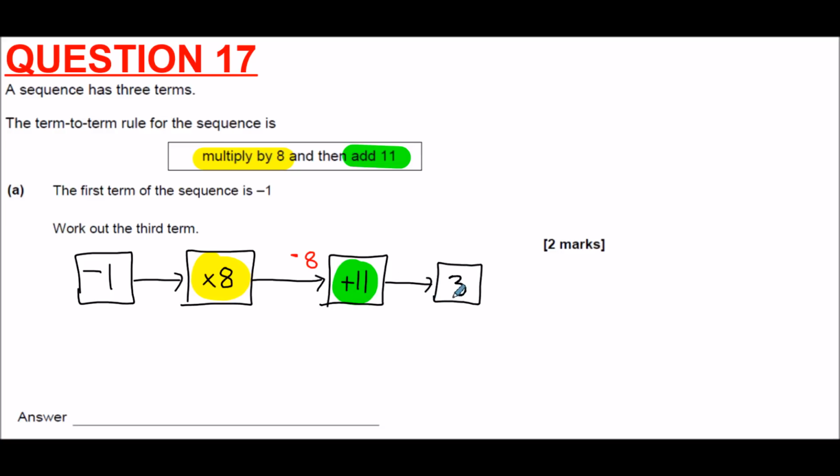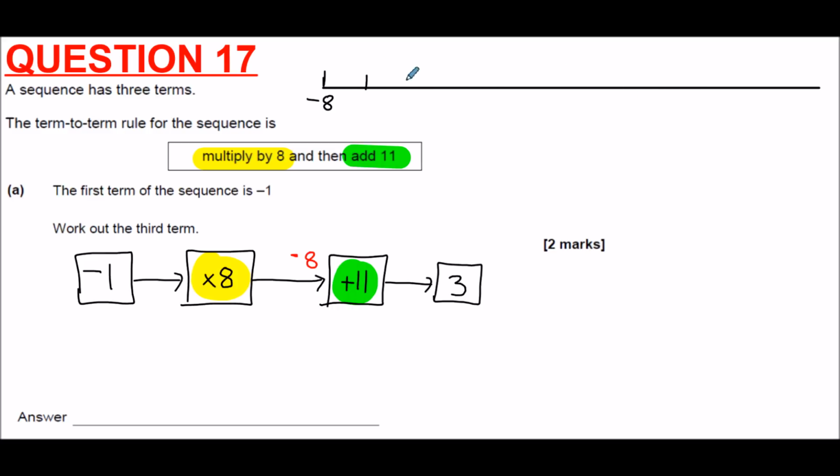I'm going to try and show you why that's the case. If we take a number line here, and we start at minus 8, we're going to go 11 along, because plus 11 means we're going to go 11 to the positive side.